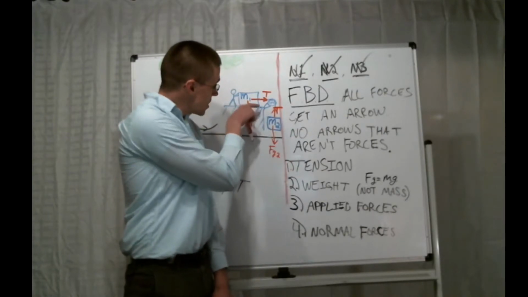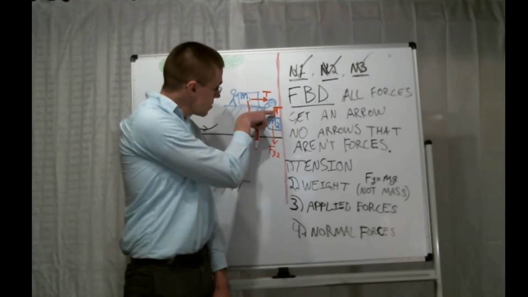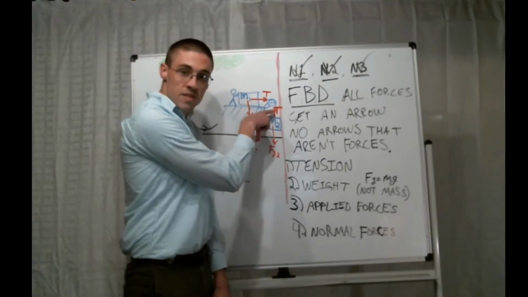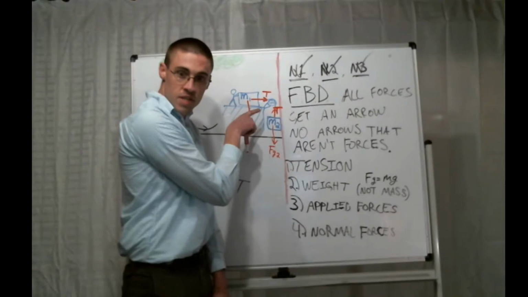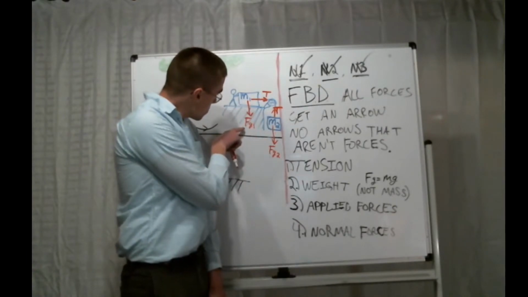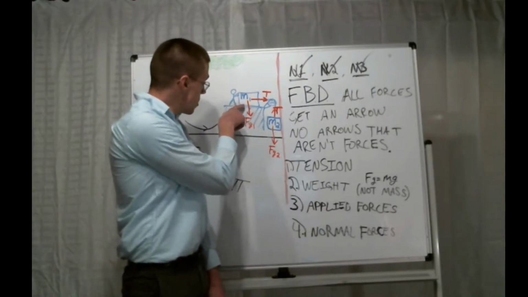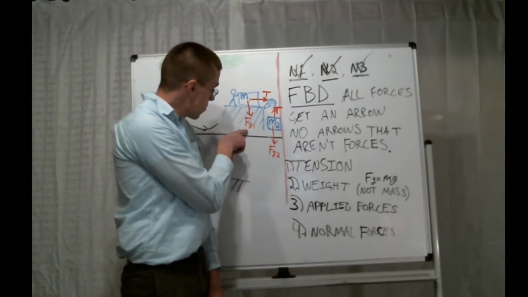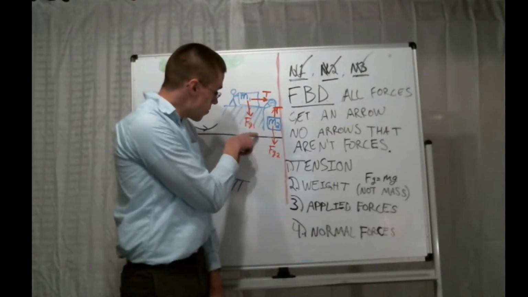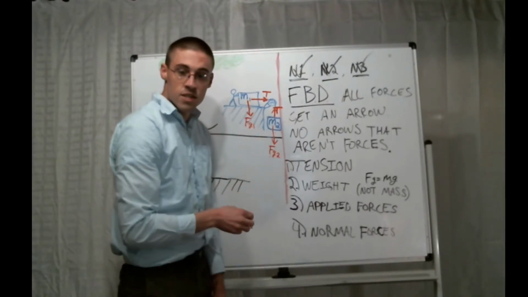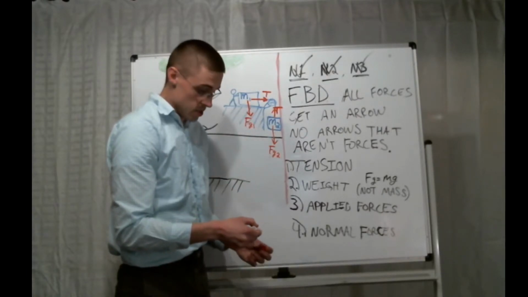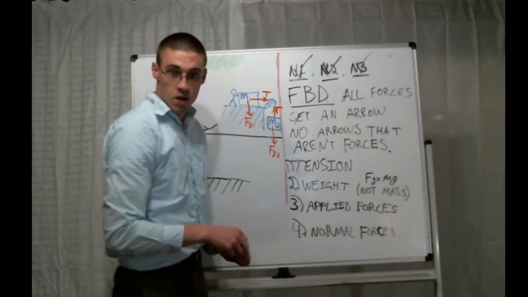Note the magnitude of the tension force was exactly the same, so I put the same symbol T on both of them. Here, in principle, they could have different masses, M1 and M2, so I put Fg1 and Fg2 and labeled them with a different index to show that they could have different forces on the free body diagram. Okay, so that's weight.